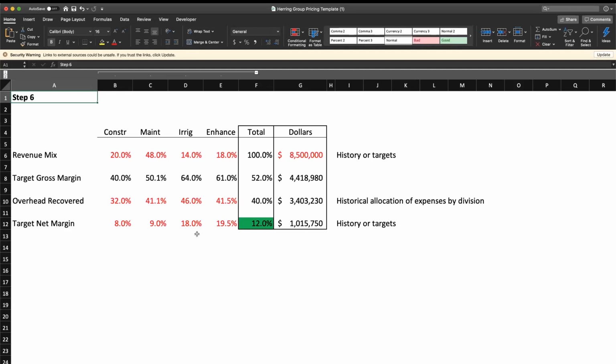So all of a sudden, this document becomes a guide to the salespeople, why enhancements and irrigation need to be priced higher than maintenance. It becomes a guide for the production people in terms of what they have to produce. And hopefully it informs the selection of our customers, the profiling of our ideal customers.